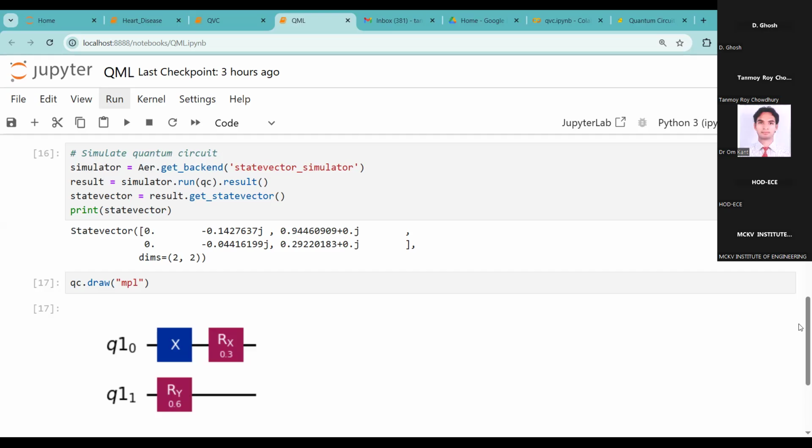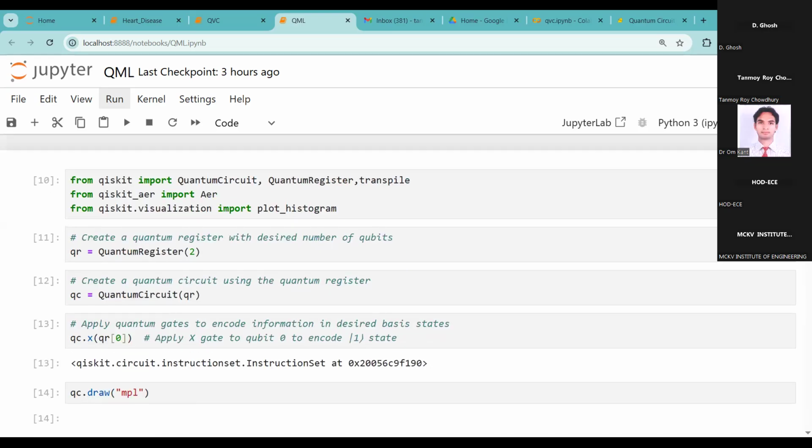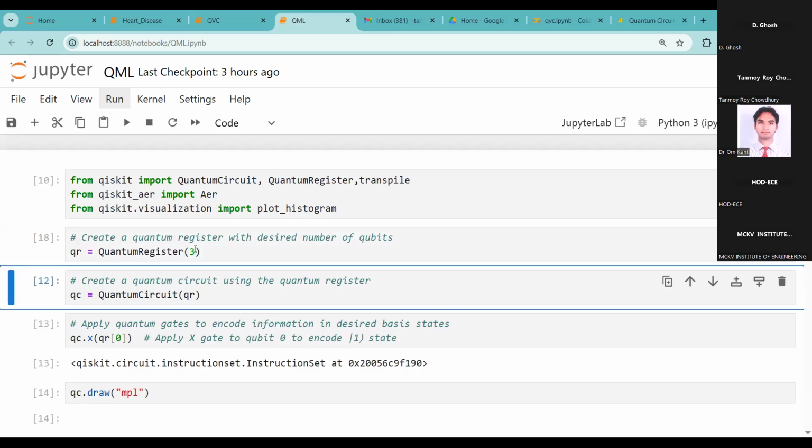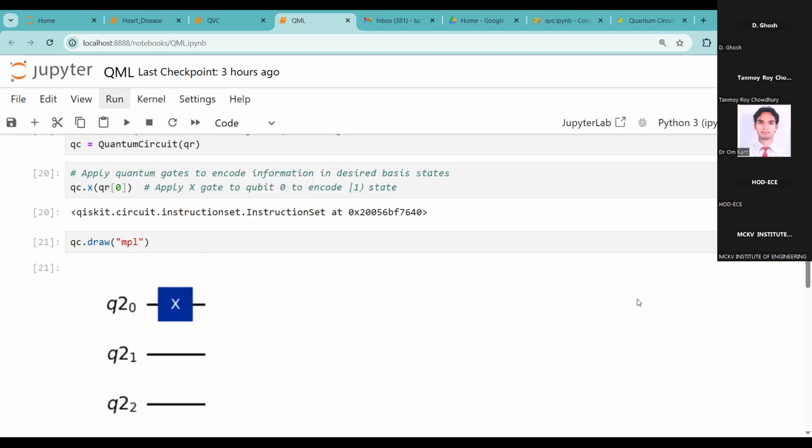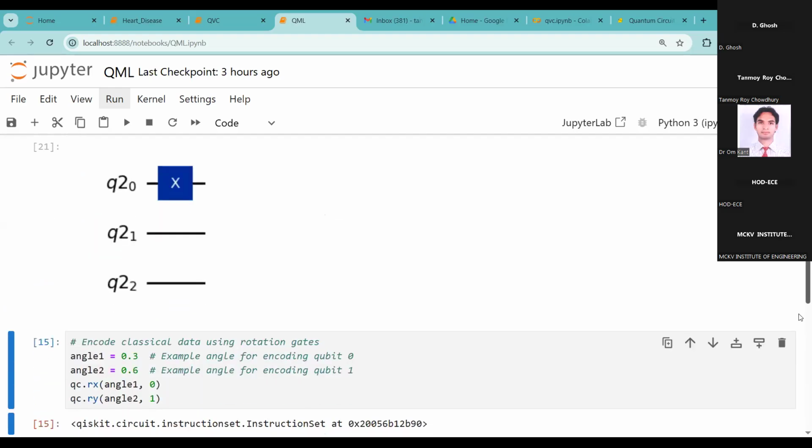So if I wish, as simple as that, I want to have 3 qubits. So what I'll do, I'll have 3. Now look at this. I'll have this. So this is what I want.